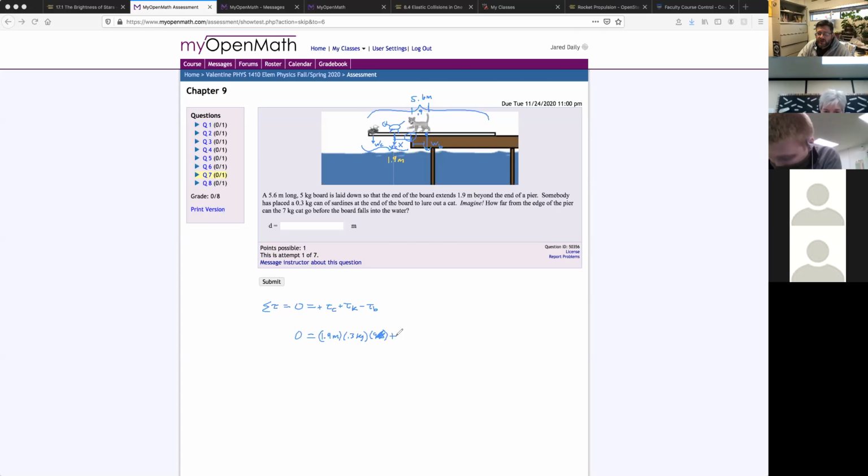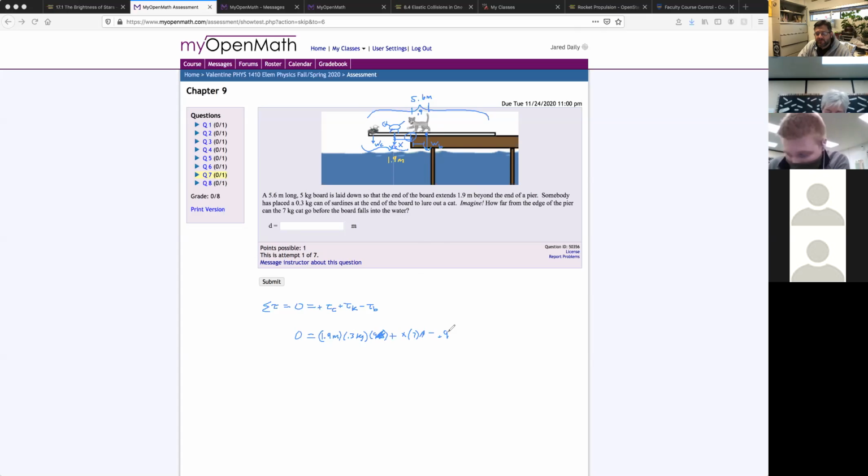Then we put the torque from the kitty cat. That one's going to be a distance of x meters, which we don't know. The weight of the cat, we have the mass of our cat is 7 kilograms. So that's a 7 kilogram cat times g, which we're going to scratch out. And then we're going to subtract off the torque from the board. The distance to the board to the edge of the thing here is the 0.9 meters.